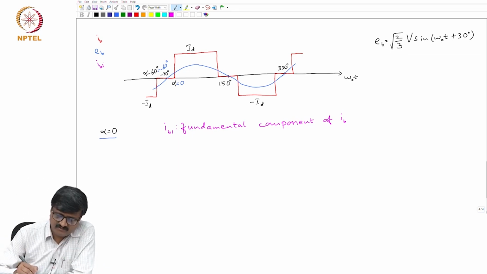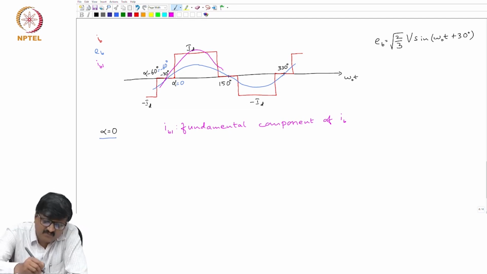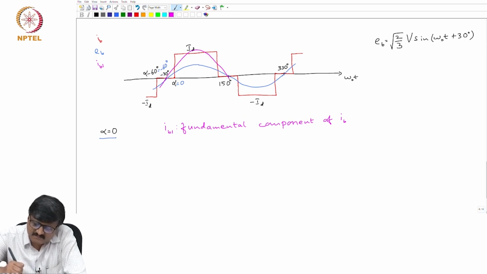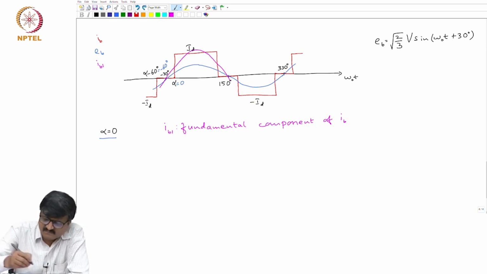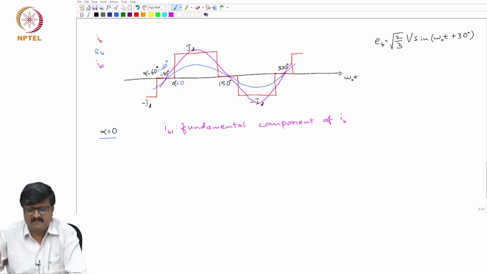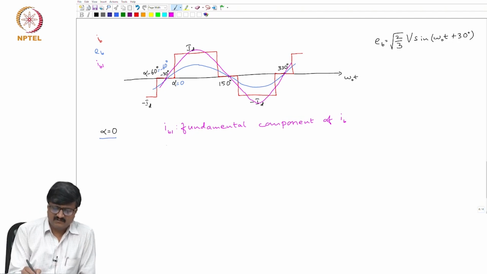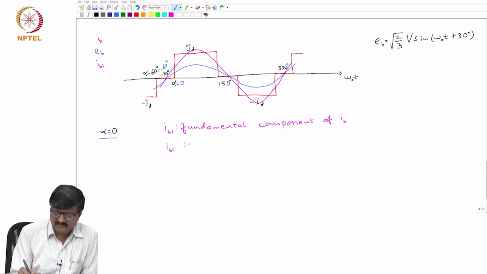So, if I try to draw IB1, IB1 is in phase with EB.